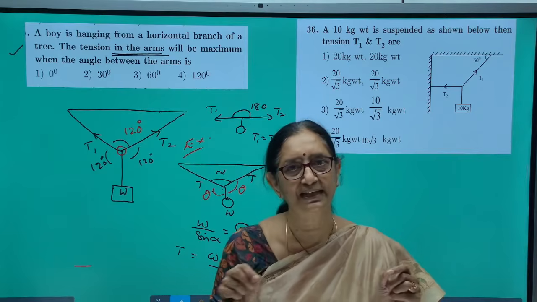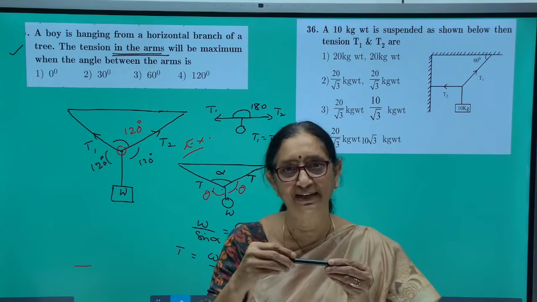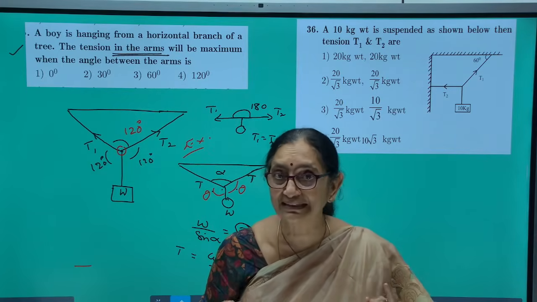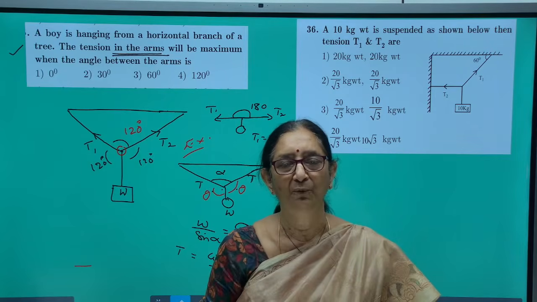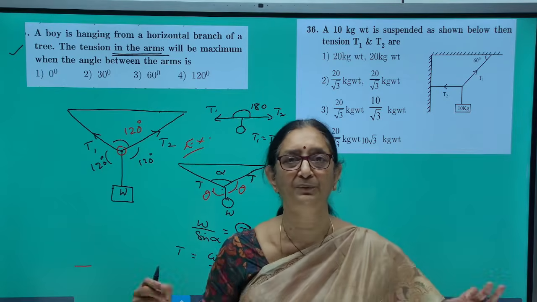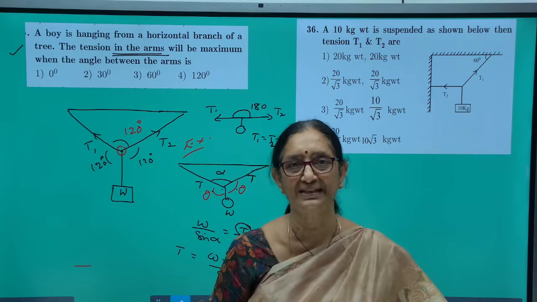Sometimes we take a string and attach a ring to it, and if you pull the string, that can be straight. But theoretically it is impossible, because when the string is horizontal, tension in both parts of the string becomes infinity with some load suspended.